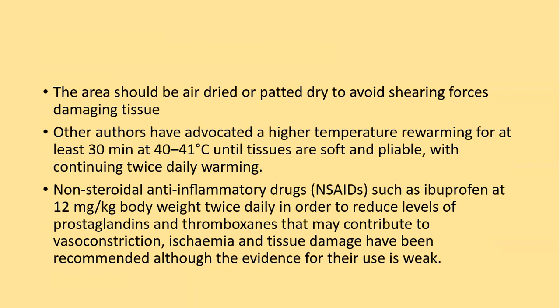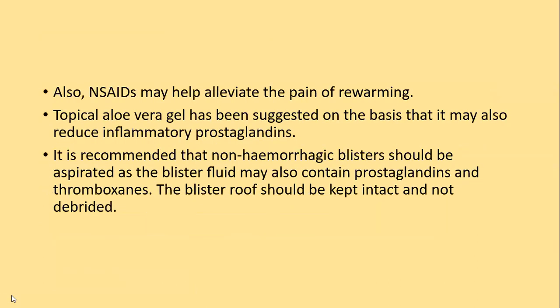As far as the drugs, NSAIDs such as ibuprofen at 12 milligram per kg body weight twice daily in order to reduce the level of prostaglandins and thromboxanes that contribute to vasoconstriction, ischemia, and tissue damage. The NSAIDs also help alleviate the pain.